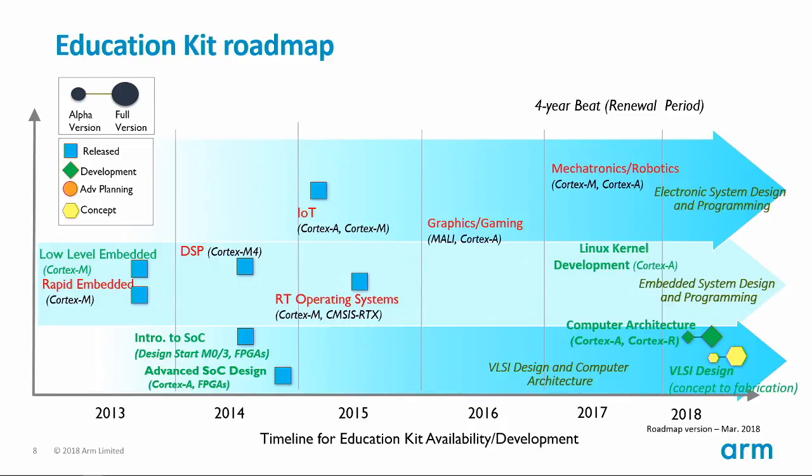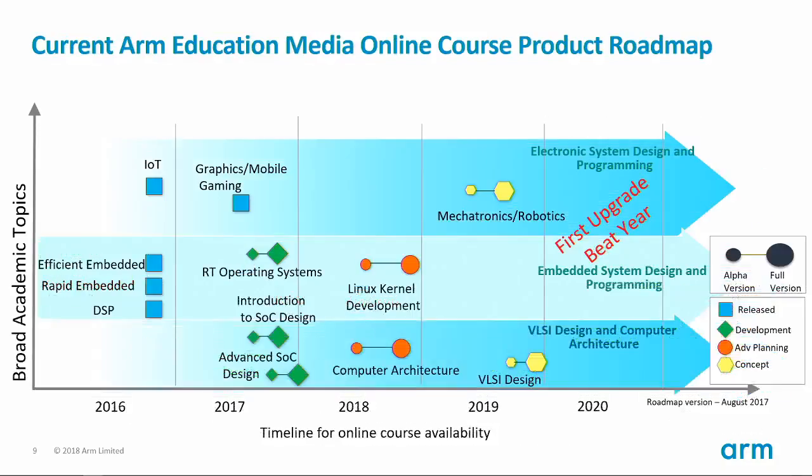That's for the education kit. Our education media online courses also mirror what's available in the education kit, but shifted by a couple of years due to creating the online material.